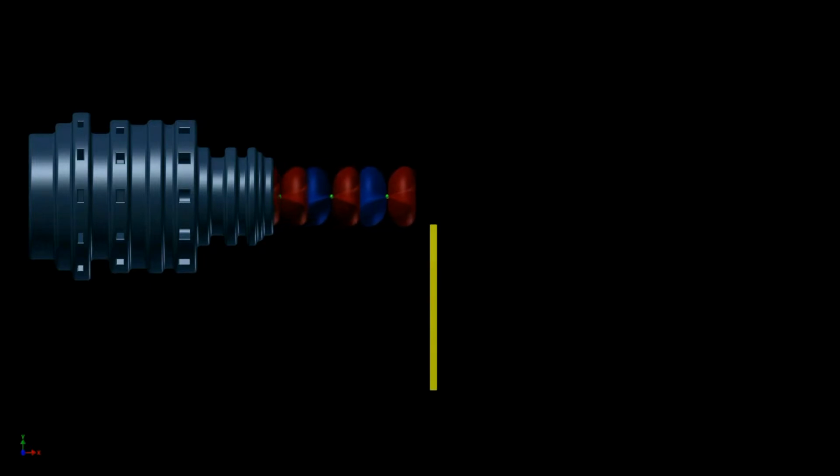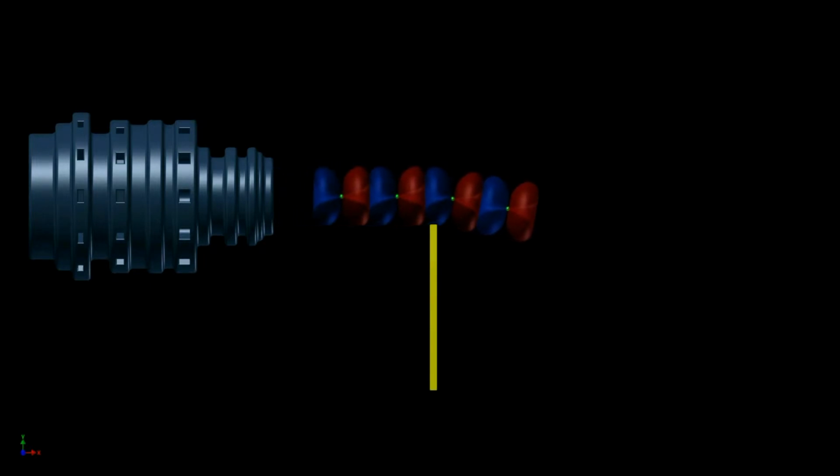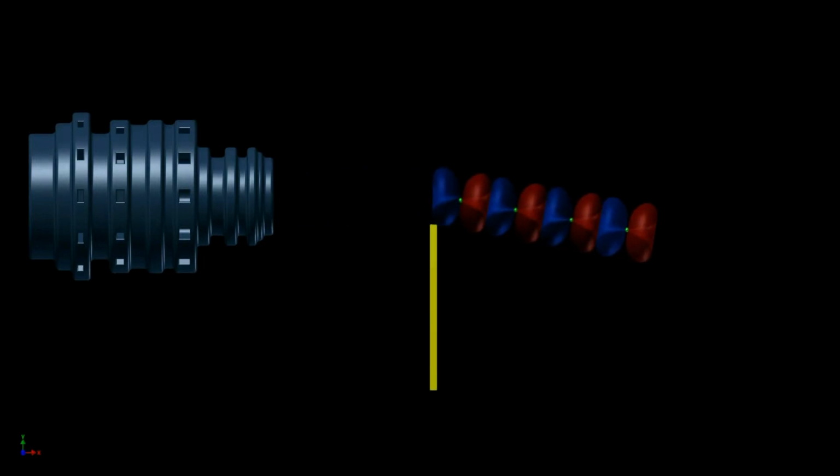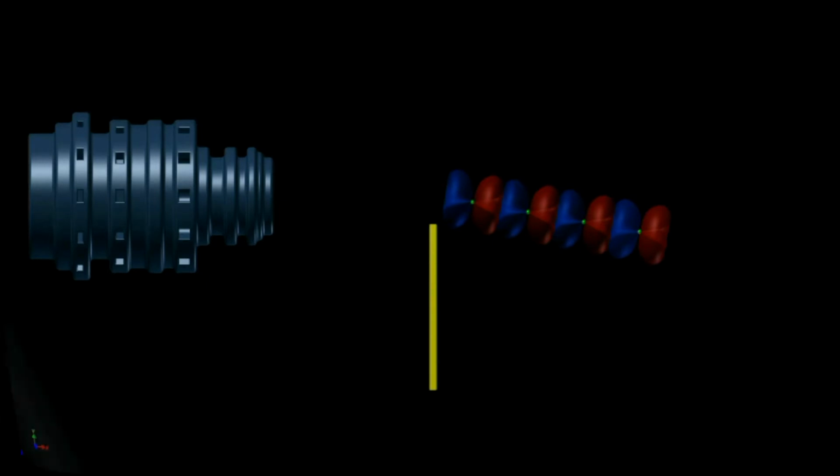Notice that the more the photon fields hit the edge, the more the photon and its fields are refracted. The photon itself still goes by the yellow edge, but its path is altered because of the drag of its field going across the edge.